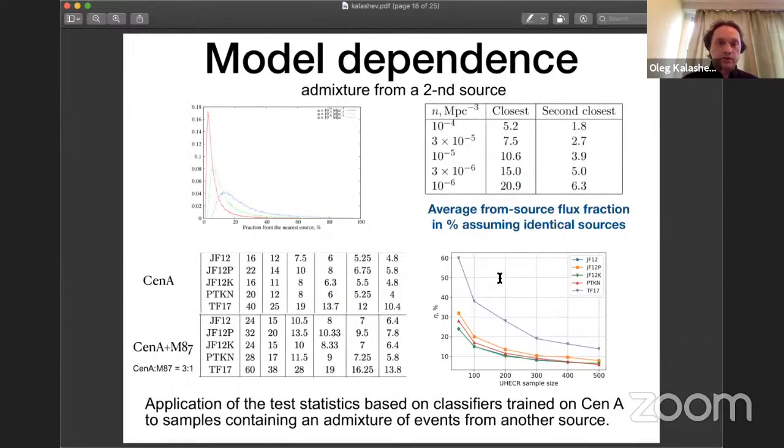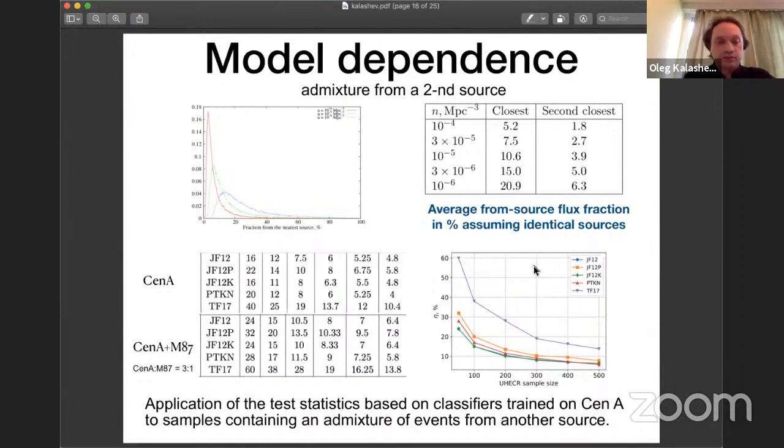Okay, now also, since in real life we expect that there will be considerable contribution not only from the closest source but also from the second closest. You can see that the contribution from the second closest source could be a factor of 3 below the contribution of the closest source. In this exercise, we added an admixture to the map generated from CNA.